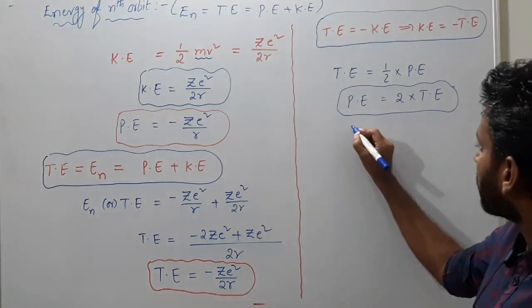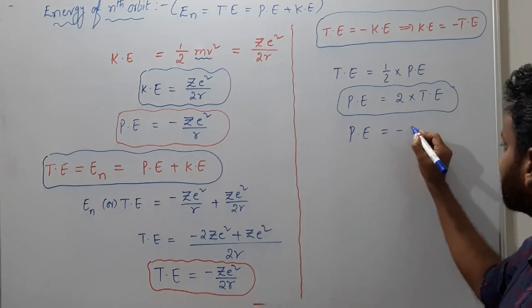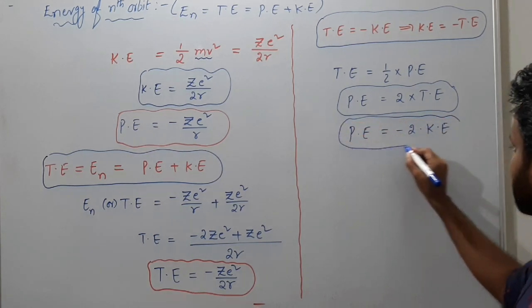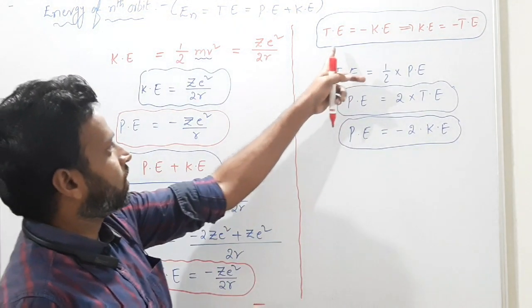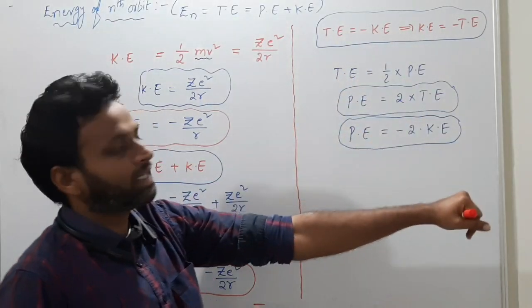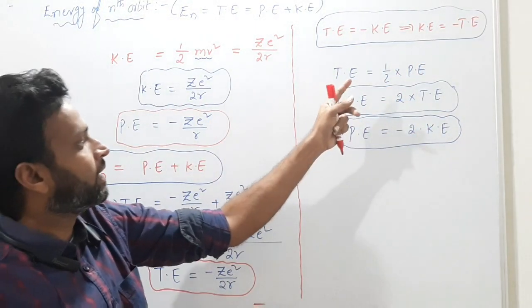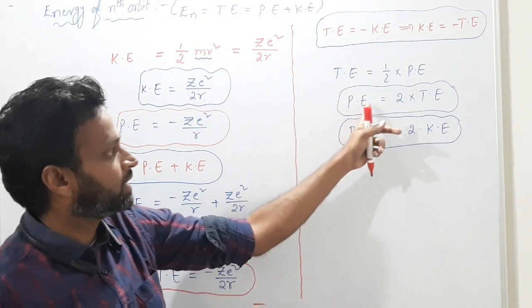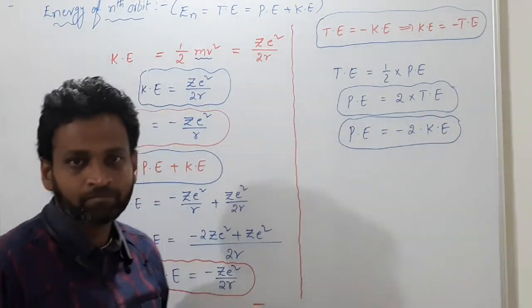Difference understood? Okay. And now what is the relation between potential energy and kinetic energy? It is minus 2 into kinetic energy. So all these relations are very important. Please note them down. Total energy is equal to minus kinetic energy, or kinetic energy is equal to minus total energy, and total energy is equal to half into potential energy, or else potential energy is equal to 2 into total energy.